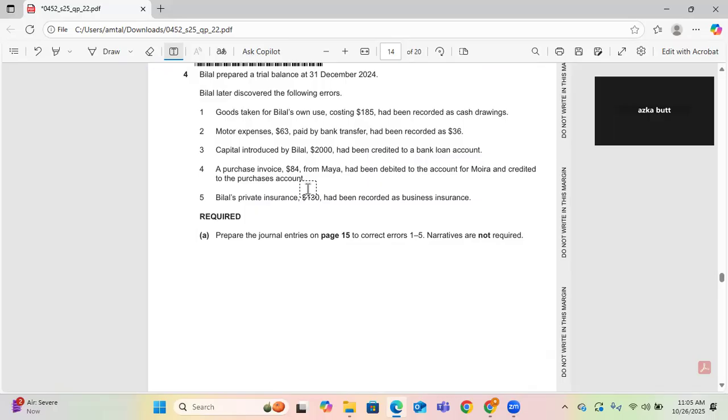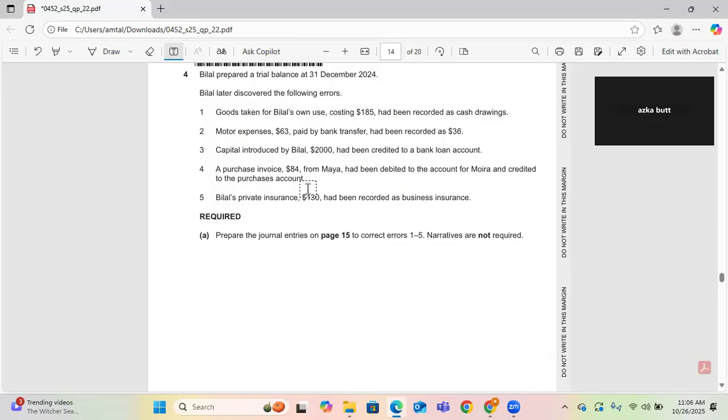So the mistake is that we debited Moira instead of Maya. First of all, we should credit Maya and we should debit the purchases account. But what we did, we debited the Moira account. Moira is also one of the trade payables. She is the supplier, and we decreased her by debiting her. So that is why we will be increasing her with a credit.